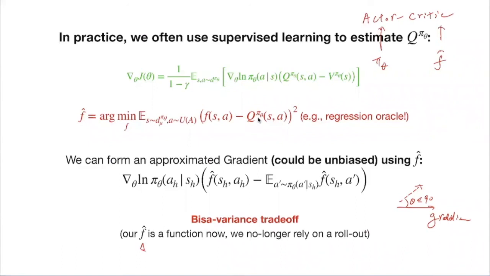In other words, you maintain two function approximations. One is for your policy, one is for your Q value estimate. So you keep updating them at the same time, every iteration. We're not going to go to the details of these methods, because with the fundamental stuff that we covered, you can actually do a lot of variants for this policy gradient formulation. So this actor-critic is just one particular variant.